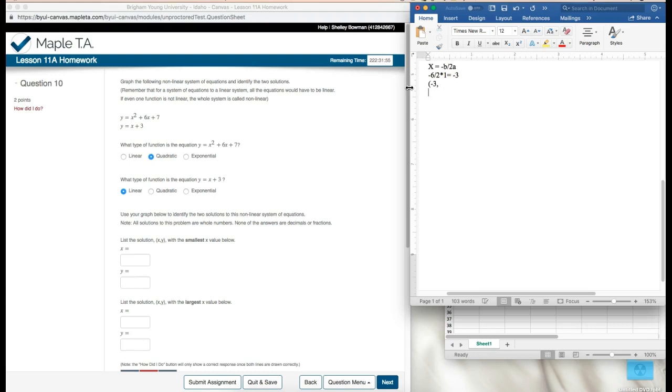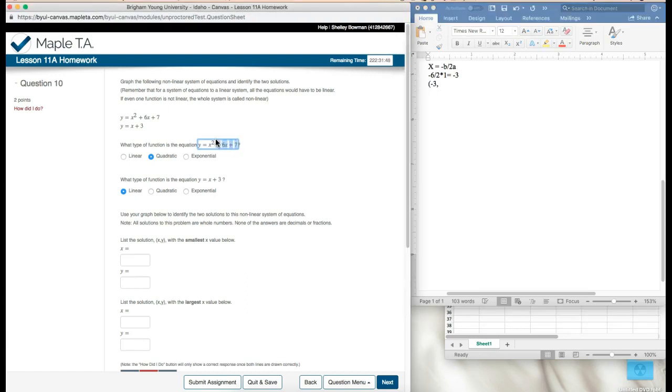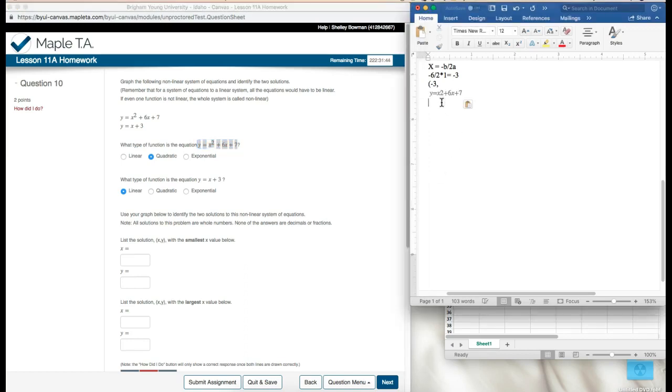To find the y-coordinate of the vertex, we just substitute every time we see x as negative 3 into the equation. So I'm going to copy and paste this over here, and every time I see x, I'm going to put in parentheses, because every time I substitute, I want to make sure that I get everything in where that x is. One thing that helps with this one is that it doesn't look like I'm subtracting 3, but that I'm, in this case, 6 times negative 3.